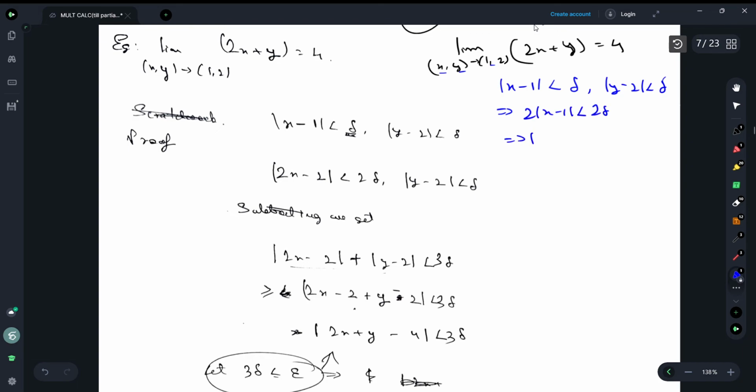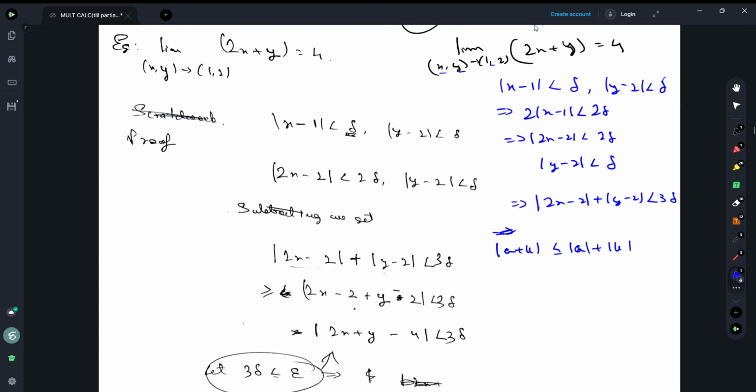That implies mod of 2x minus 2 is less than 2 delta, and mod of y minus 2 is also given less than delta. So we can say mod of 2x minus 2 plus mod of y minus 2 is less than 3 delta. Now see, mod of a plus b is always less than or equal to mod a plus mod b, right?